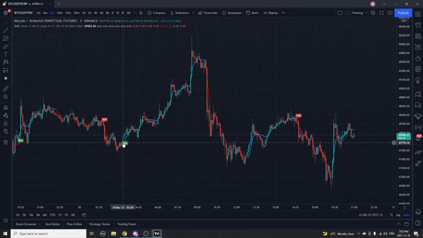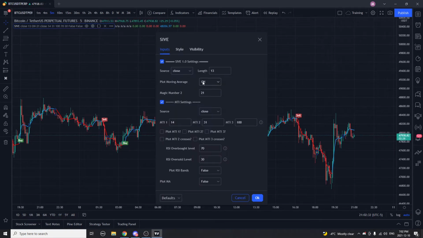It has some really cool, unique features to it that I'm not gonna get into, but it takes into account a lot of different factors about price movement and then filters it down and refines it into this jaggedy but smooth price trend line. Now I usually have this off.